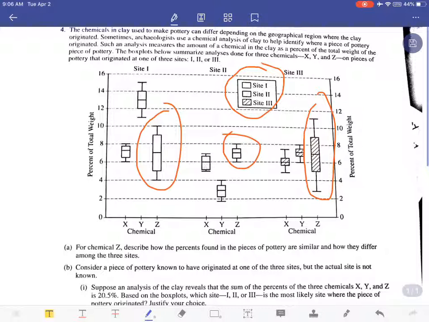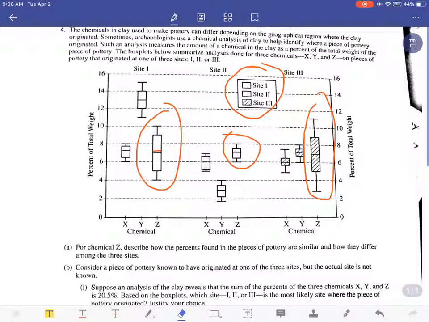So one of the first things you want to look at is where the center is at. As you can see, we have similar medians. They're all around 7. So that means that they have similar centers or similar medians at approximately 7.